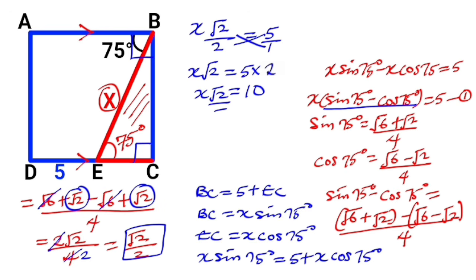Dividing through by the square root of 2, we are left with x is equal to 10 divided by the square root of 2. To rationalize the denominator, we multiply the numerator and the denominator by the square root of 2.